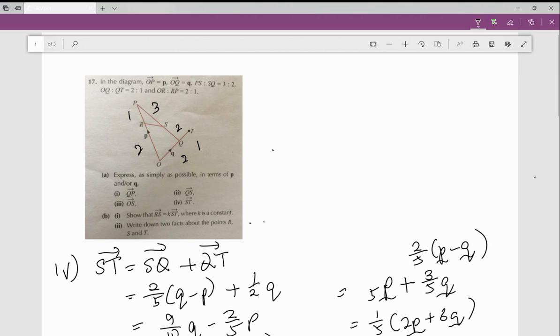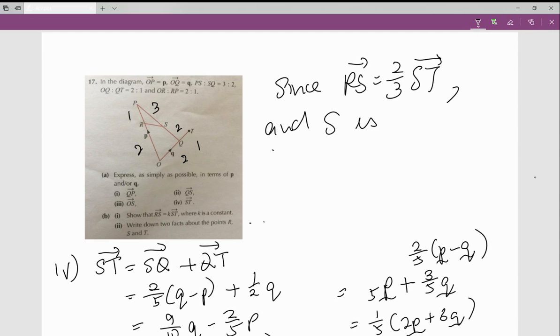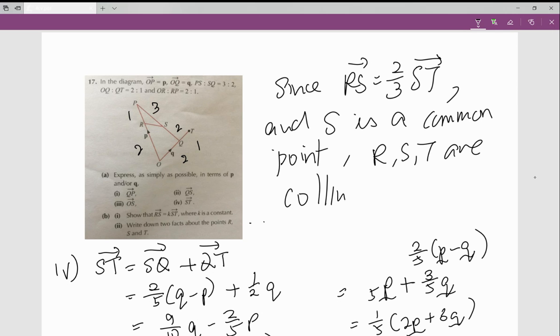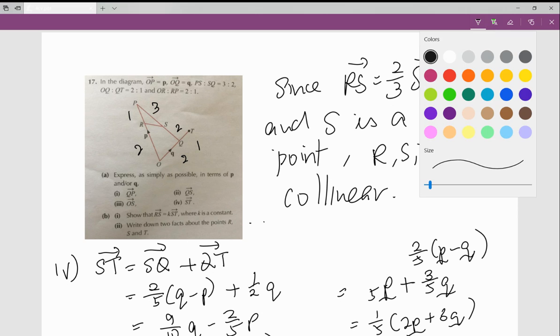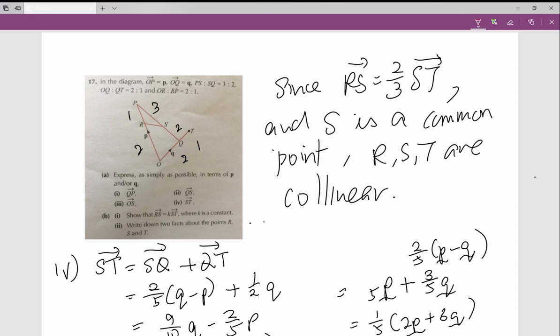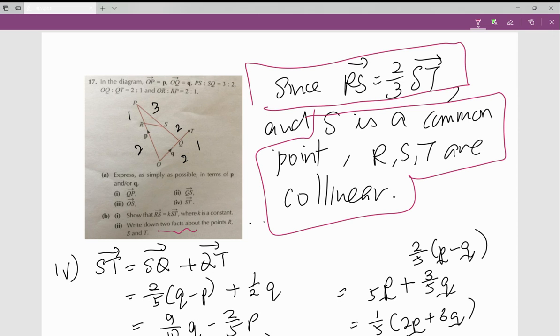You must mention the ratio: since RS is 2/3 of ST and S is a common point, R, S, T are collinear. This is typically a 2-mark question. The first fact is the ratio, and the second fact is that S is a common point, and that is why they're collinear. Okay, that's all I have.